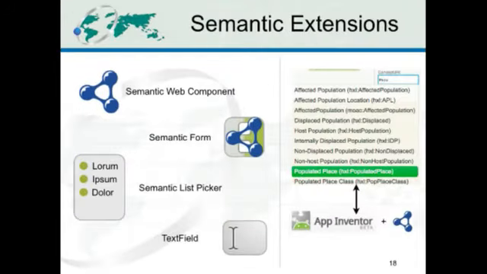So, semantic extensions. We've been working on a number of different things. They're listed here, the four basic ones. Semantic web component is kind of the central unit, if you will, to accessing semantic web content. It's actually powered by Jena. We have a version of Jena on the phone.